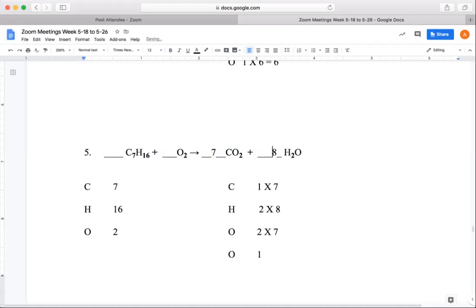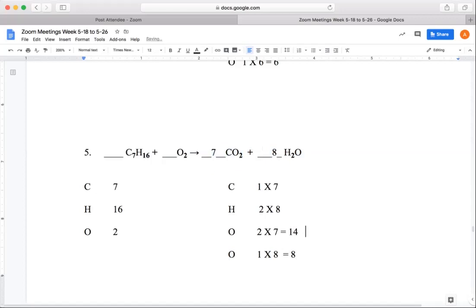Now we have 8 water molecules. This O is in front of the 8. So we're going to have to multiply this O1, which comes from here, by 8 because the 8 is in front of that O. So now we have 8 oxygen atoms from the 8 water molecules, and we have 14 oxygen atoms from the carbon dioxide, right?